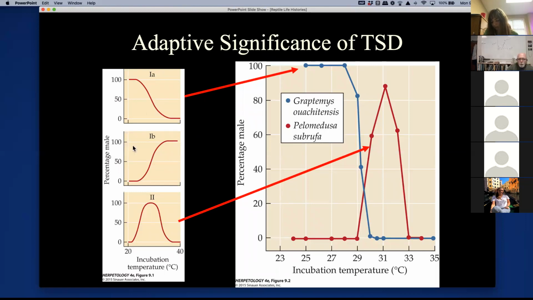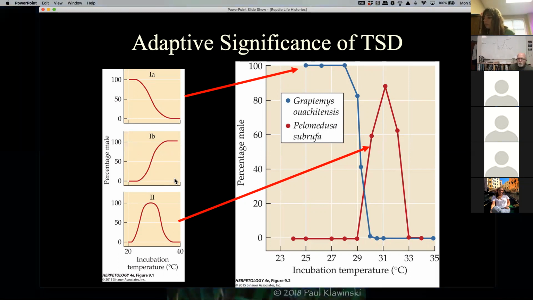in either 1A or 1B, as environmental temperatures increase, you risk for any given species ending up with a climate full of microhabitats that are only suitable for producing one particular sex. So if you're a 1A TSD species, as the climate warms, you're going to produce only females. If you're a 1B, you will produce only males.